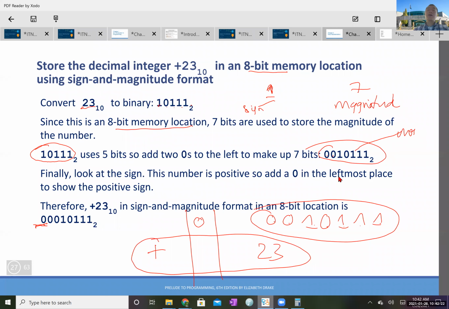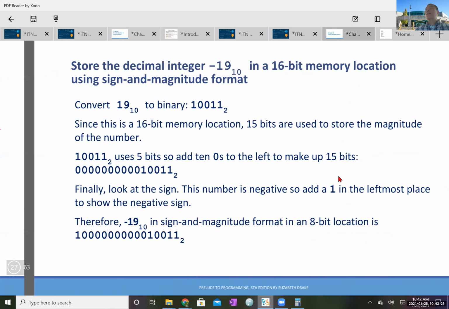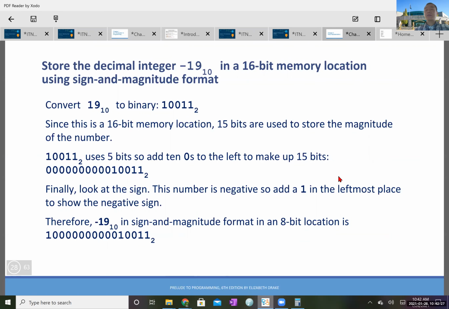Okay, so how about in the case of a negative number, how does it work? Again, you only have 1 bit for the sign and 7 bits for the magnitude. Take negative 19, for example. In the case of a negative, the sign bit is always 1.